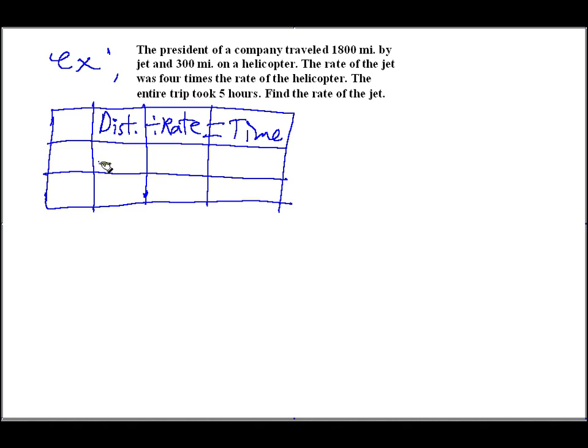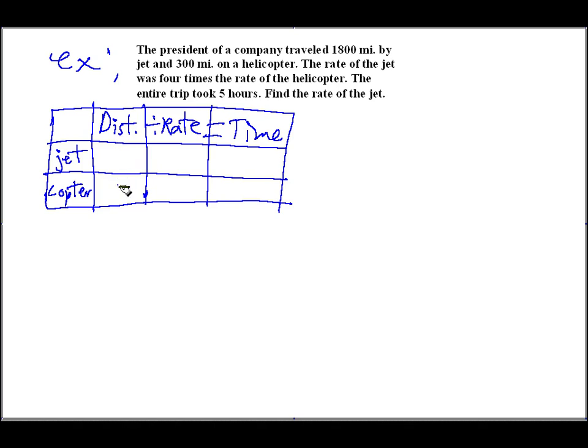Then what goes in here? Well, the two objects we have in this problem: by jet, and by helicopter. So we have a jet and we have a copter. What is the distance traveled by each object? It says the president of the company traveled 1,800 miles by jet. Fill out one column at a time. Reread the problem several times if you need to.